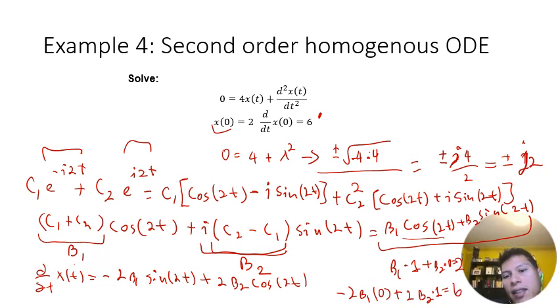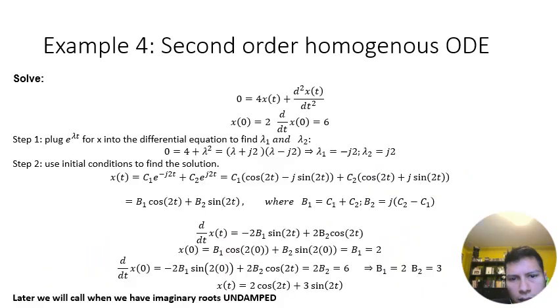And then we can solve this equation. So b1 is going to be 2, the value at x of 0. And once we know b1, b2 is just going to be the second initial condition divided by 2, which is just 3. So in the next slide, I'm going to do this more cleanly.